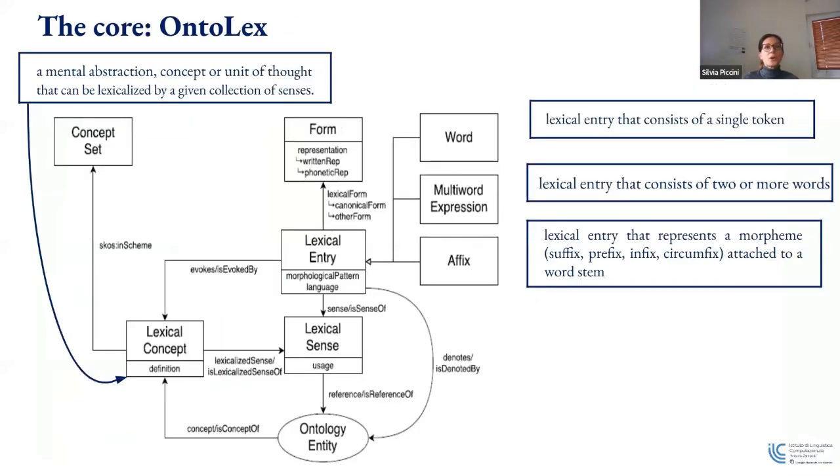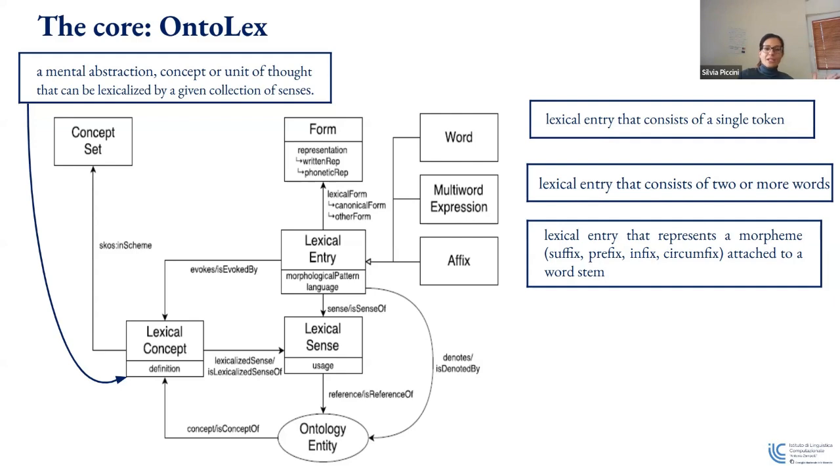Well, this is the core. The main entity of the core is the lexical entry, as you can see here. And the lexical entry is the lemma of our dictionary, of our computational lexicon. And a lexical entry can be further specialized into word, multi-word expression, or affix. So a word is a lexical entry that consists of a single token.